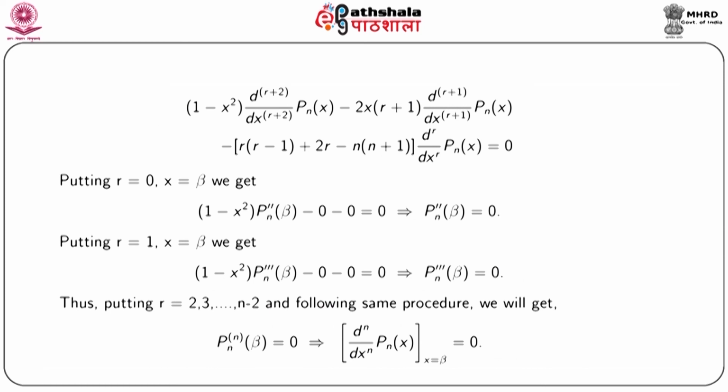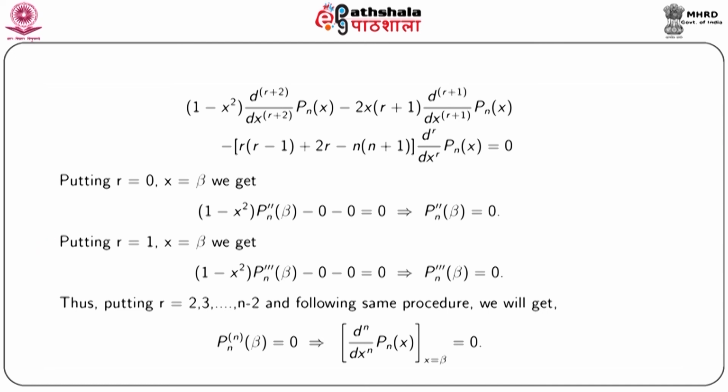Putting r equal to 0 and x equal to beta, we get this particular expression. The reason is that if you put r equal to 0 here, you get P'n(beta), and here P''n(beta) is equal to 0. If you put r equal to 1 and x equal to beta here, and use the previous expressions, we will get P'''n(beta) equal to 0.